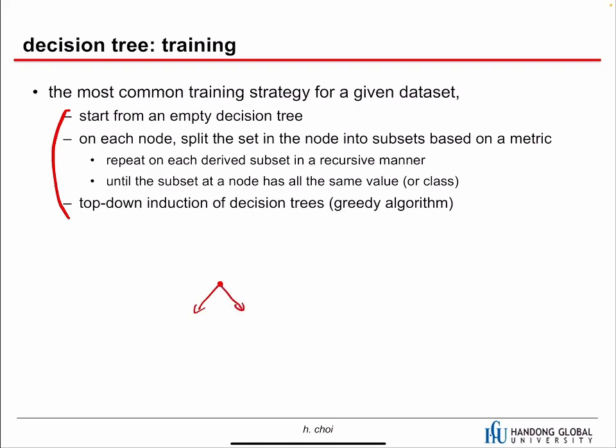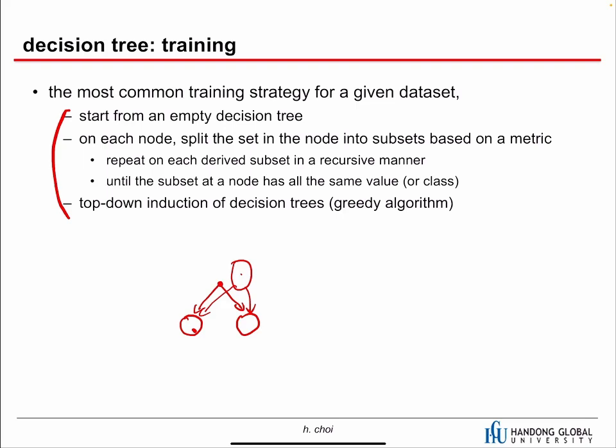So at this node we have all the samples, and now we have the first subset and second subset here. This one will be split into these two subsets. And on each subset, we do the same thing. We have to find the best feature to split with the threshold.